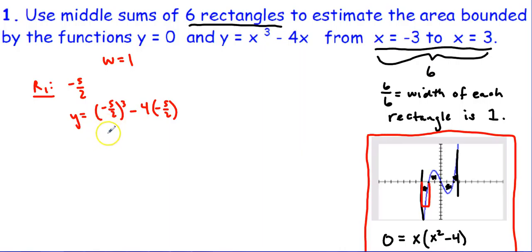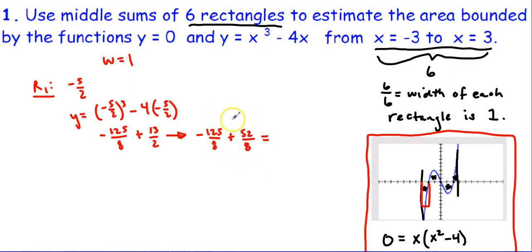So we simplify this, and we're going to get -125/8 plus, negative times a negative is a positive, 4 times 2 is 8 plus 5 is going to be 13/2. Get a common denominator of 8. So we're actually going to multiply by 4, which gives us 52/8.